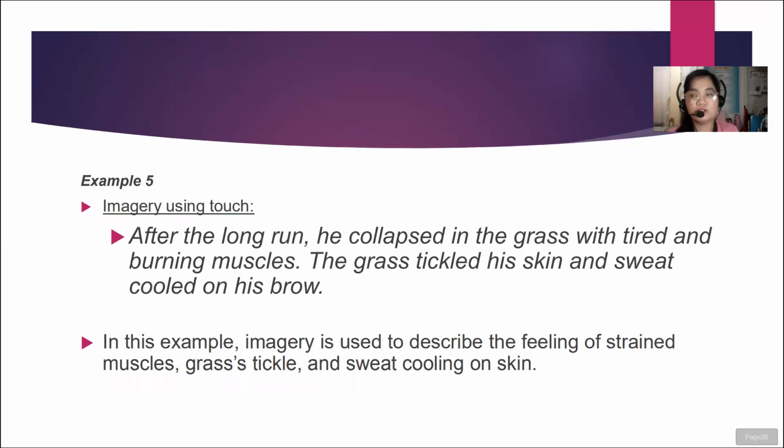Okay, next is the fifth, imagery using touch. After the long run, he collapsed in the grass with tired and burning muscles.